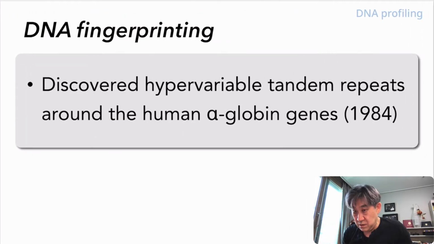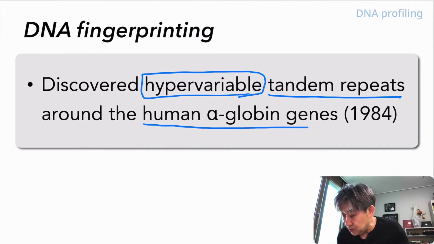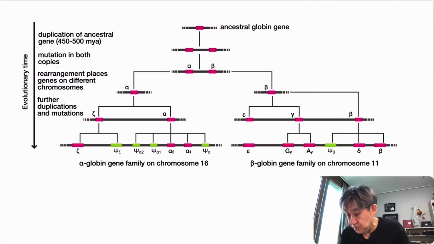He discovered some tandem repeat areas. Once again, these tandem repeats are hypervariable, meaning the number of repeats is highly variable among different individuals. That was in the area near the human alpha globin genes, in early 1984.